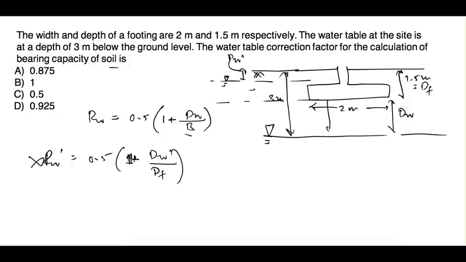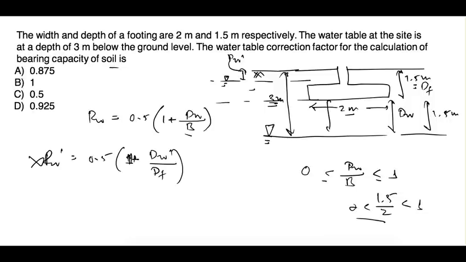For this zone we first have to check the condition that the ratio dw by b should be between 0 and 1. Here dw, the total depth, is given as 3 meter and this part is 1.5, so dw is 1.5 meter. Width of footing is 2 meter, so the ratio is 1.5 by 2. It is less than 1 and greater than 0, so this criterion is fulfilled and we can apply this formula.